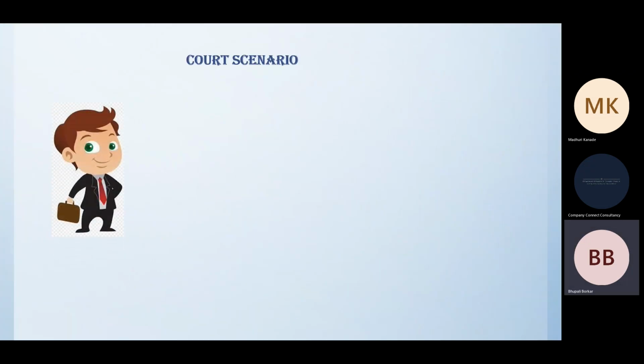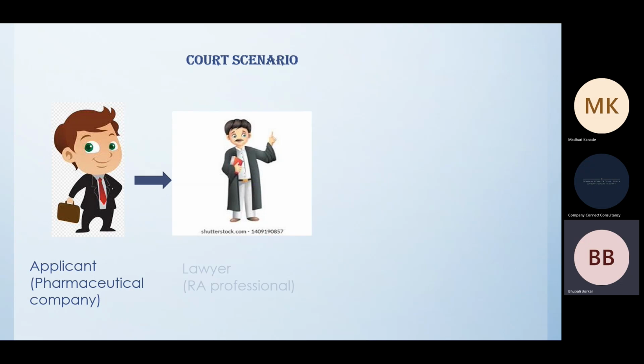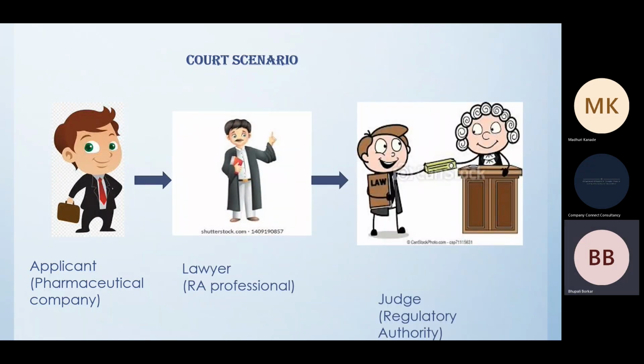This is a court scenario where you have the applicant as a pharmaceutical company. Secondly, you have the lawyer as an RA professional, and you have the regulatory authority as the judge. So this is the entire sum up of regulatory affairs. The lawyer, that is your RA professional, is a link between the regulatory authority and the pharmaceutical company.